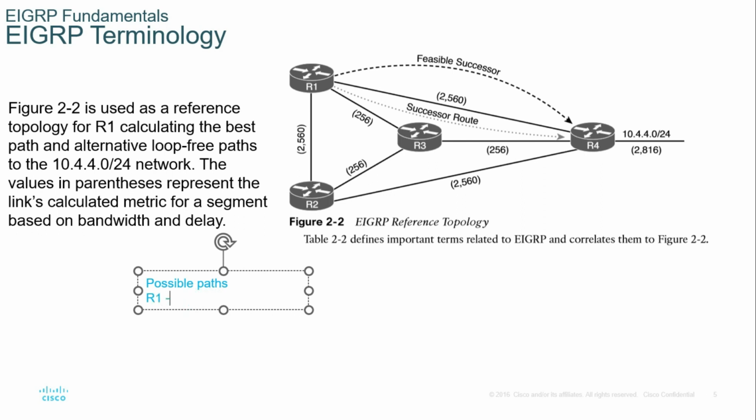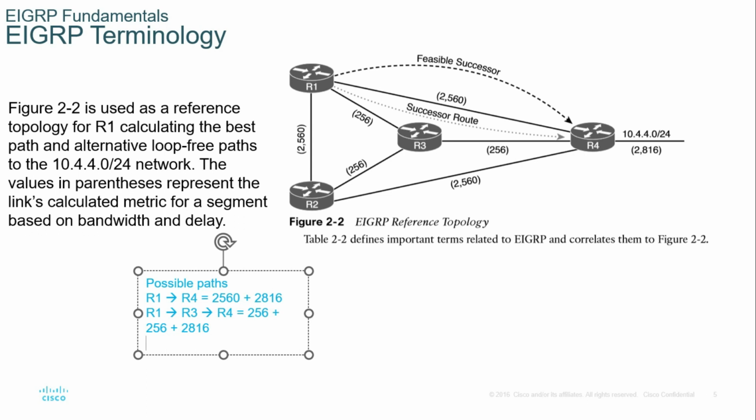R1, R4: 2560 plus 2816. Next is R1, R3, R4: 256 plus 256 plus 2816.